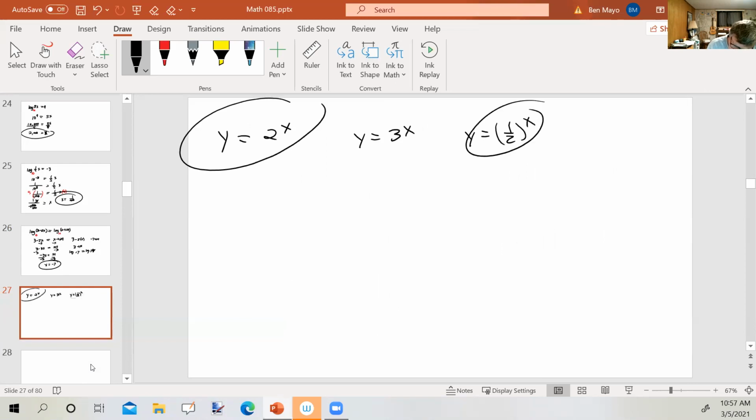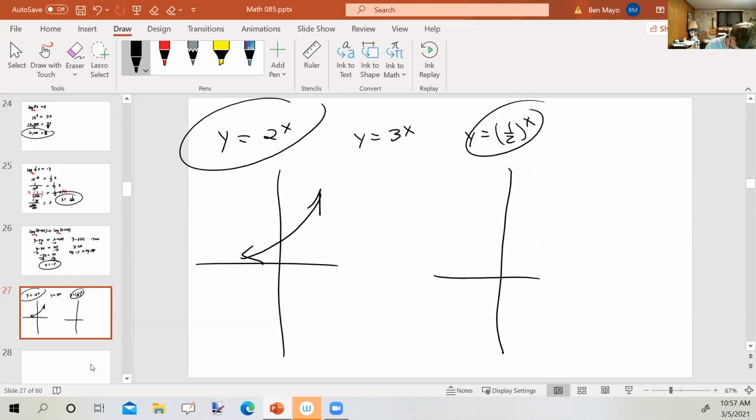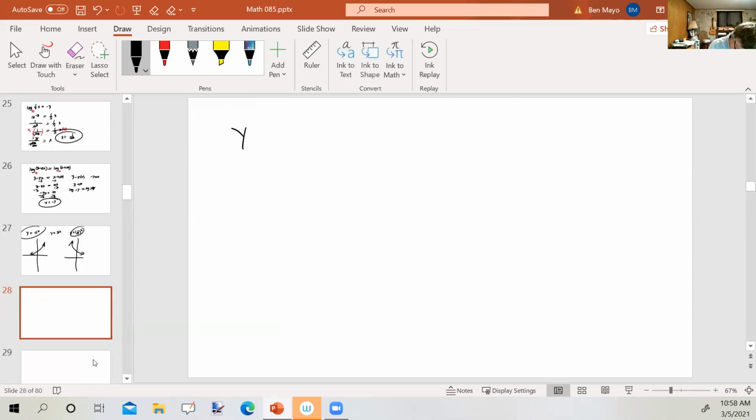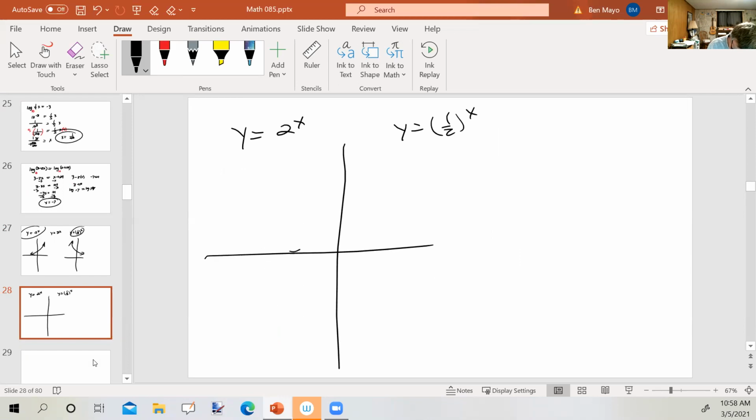And these two, we saw that y equals 2 to the x looked like that. y equals 1/2 to the x looked like that. In fact, if we graph them on the same graph, that's a terrible drawing, I know, sorry, but they were sort of reflections of each other, right?